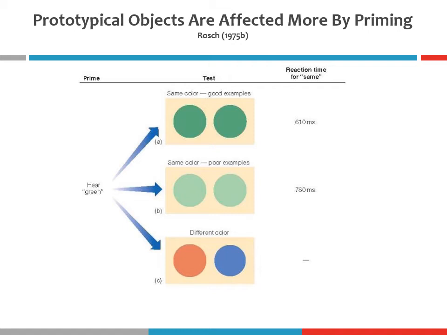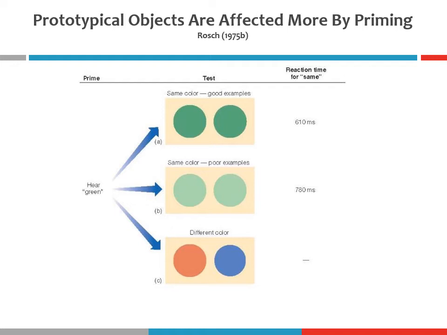If you were a participant in this experiment, there were 3 different groups. All participants in the experiment first heard the word green. That was the priming phase, when they were exposed to the stimulus, in this case, the color green.